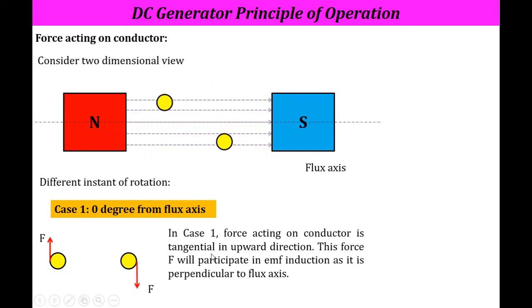So in case 1, the force acting on the conductor is tangential, in an upward direction. This force F will participate in EMF generation as it is perpendicular to the flux axis. So always remember, whenever the force is perpendicular to the flux axis, or whenever the conductor cuts the flux axis at an angle of 90 degrees, only then the EMF generated will be maximum.